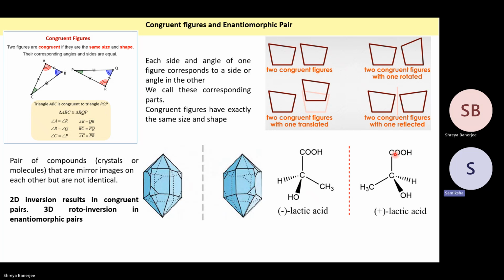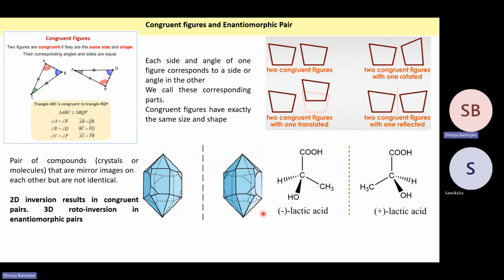So in the case of amino acids, we say that the molecule is non-superimposable or superimposable. This is on the basis of the chiral center. If you have even one chiral center in the molecule, the entire molecule becomes chiral. And whenever a molecule is chiral, its mirror image is non-superimposable.